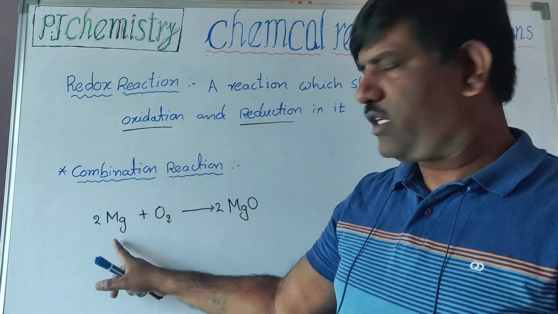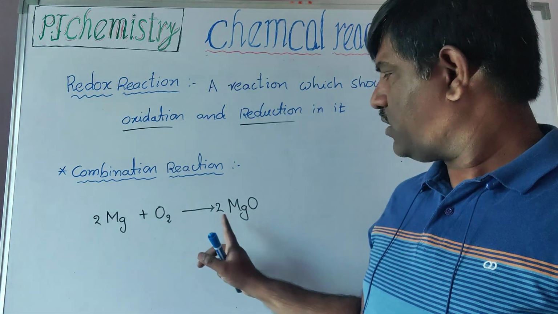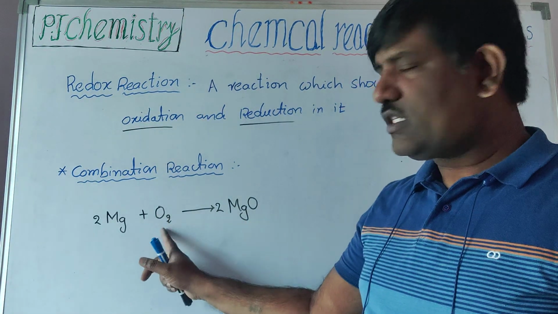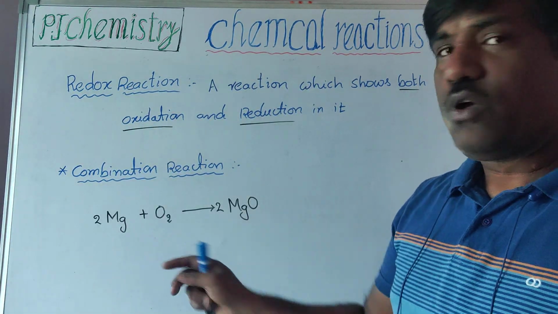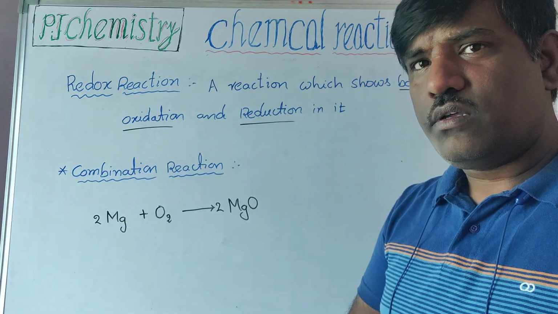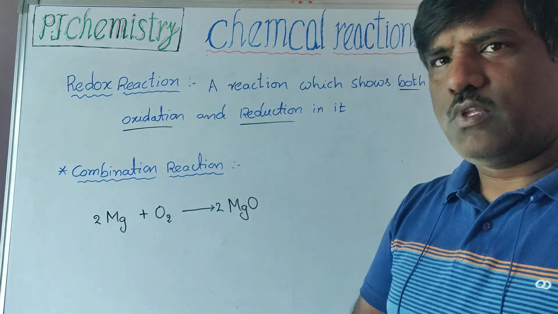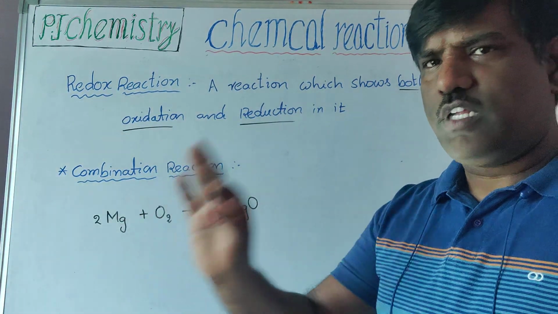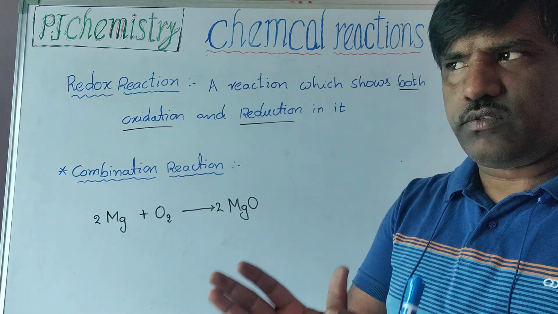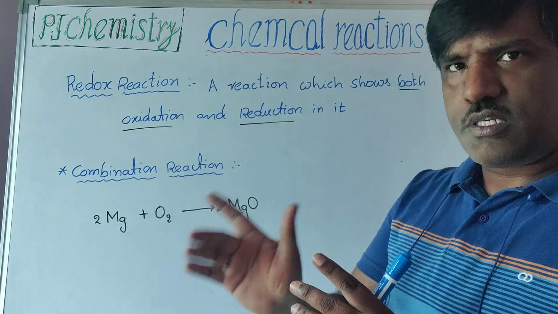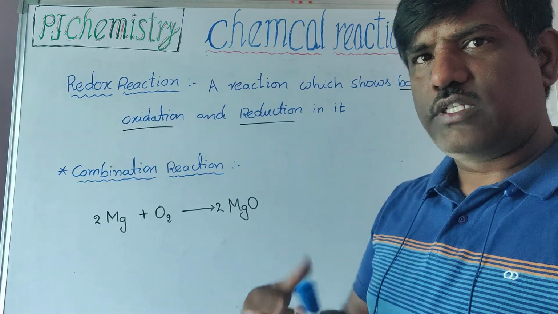Here magnesium and oxygen are on the reactant side. After the reaction, the product is magnesium oxide, which means oxygen is added to magnesium. So addition of oxygen takes place. Based on that question, this answer is oxidized. That much only you have to think. Oxidized means oxidation, reduced means reduction. Oxygen is there, addition of oxygen occurs, so addition of oxygen means oxidized.